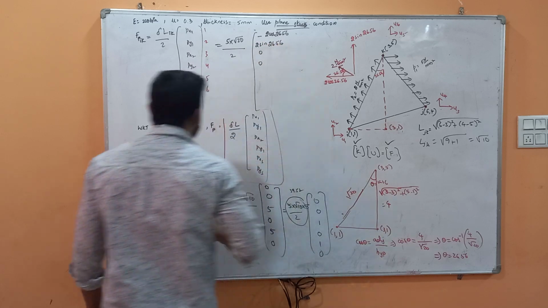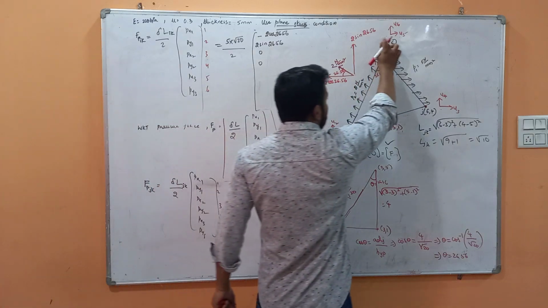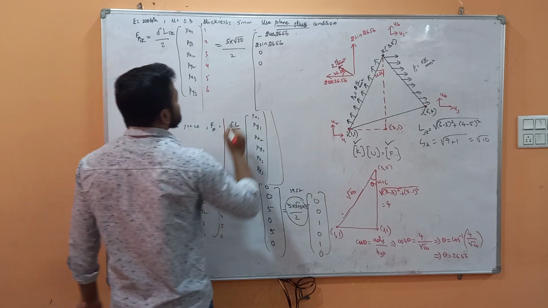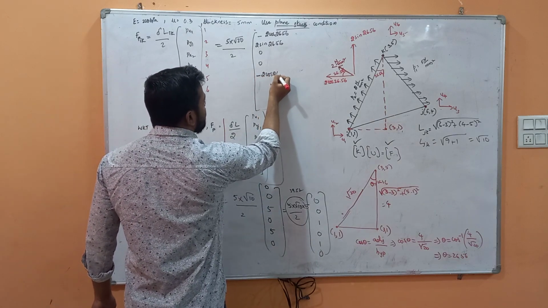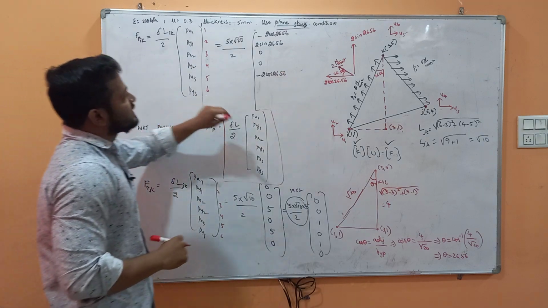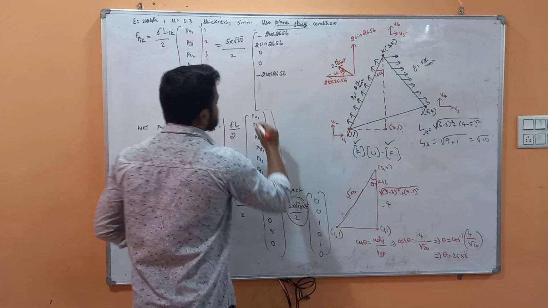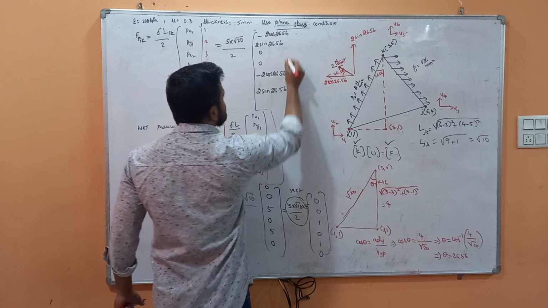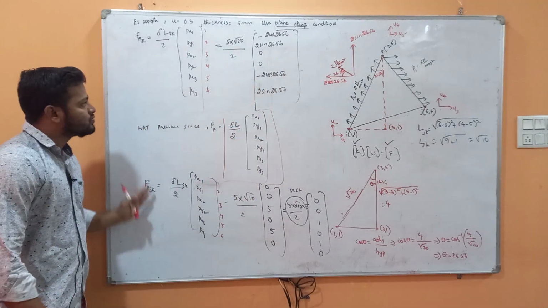Next, 5 and 6. U5 is in the rightward direction and 2 cos 26.56 is in the leftward direction, so minus 2 cos 26.56. U6 is in the upward direction and 2 sine 26.56 is also upward, so 2 sine 26.56. So now we have the pressure force values.